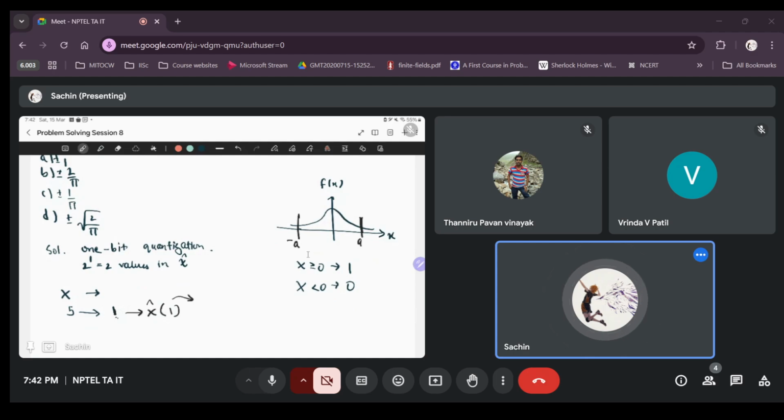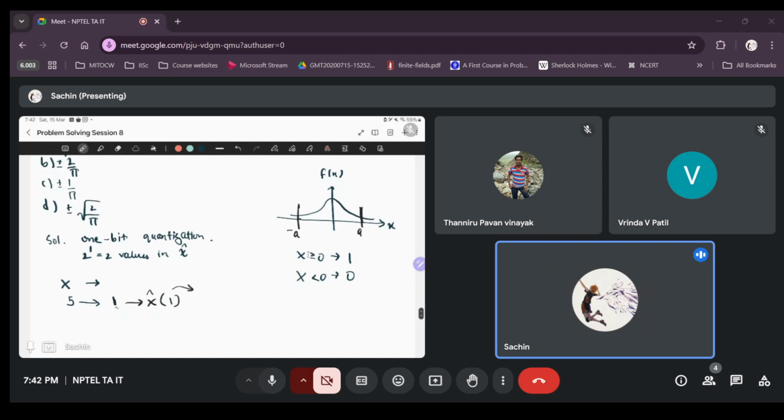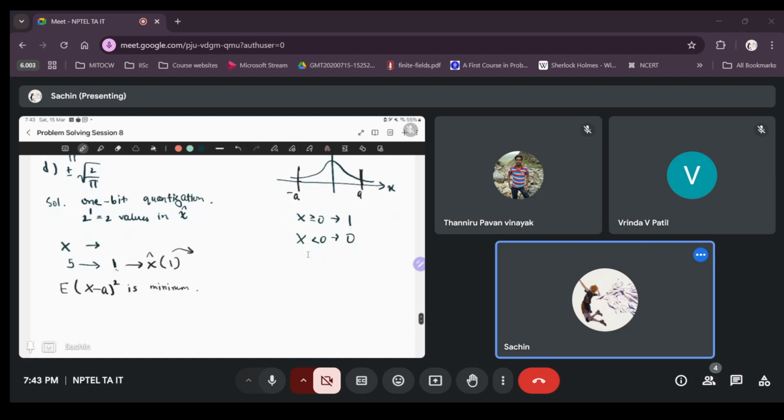Which value a should you choose? You should choose a value a such that the expected value of the square error, x minus a whole square, is minimum. What is the expected value of x minus a whole square for a Gaussian random variable with mean 0 and variance 1?